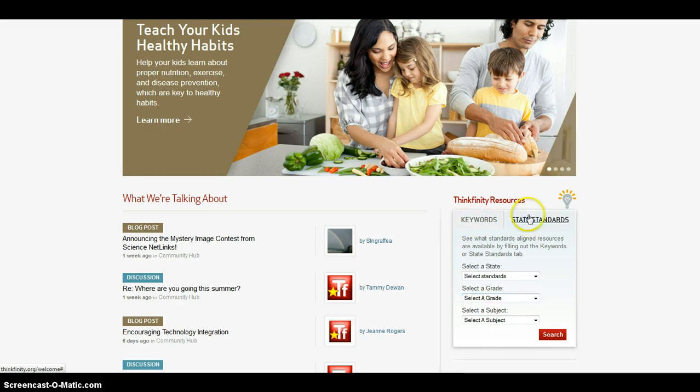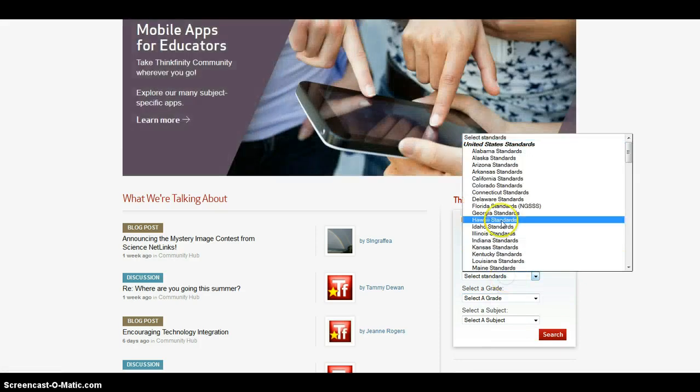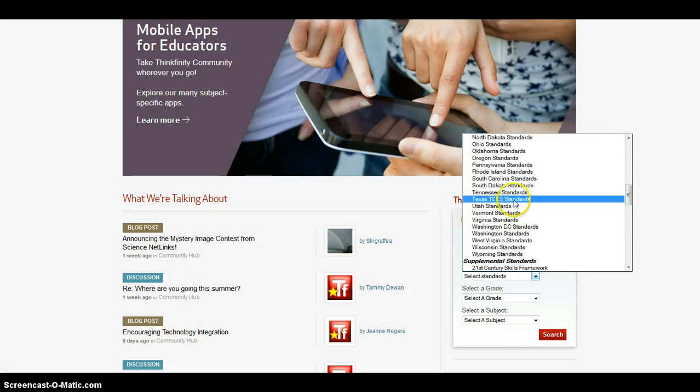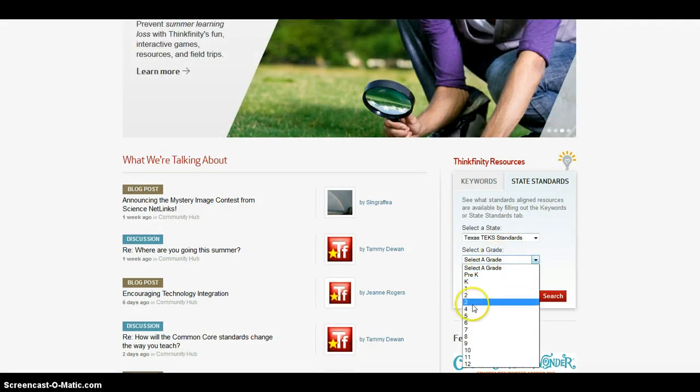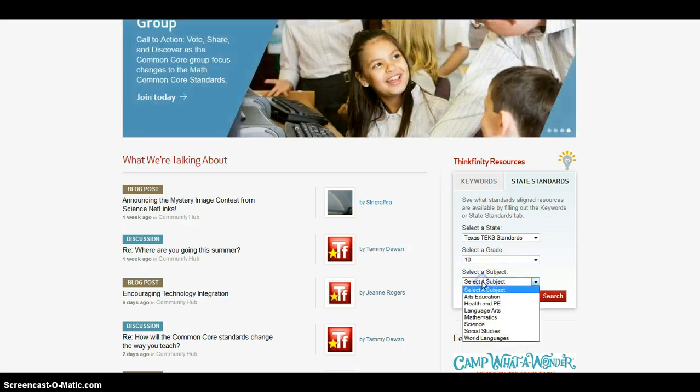If you go to the state standards section and of course find the Texas TEKS standards, and let's say you're planning on developing a unit for 10th graders, and of course you have a choice of subjects.